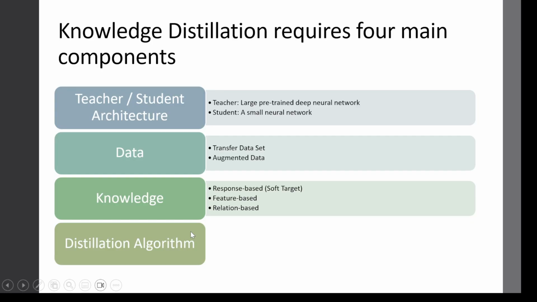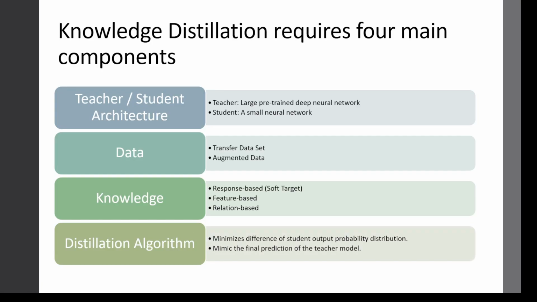And finally, we have a distillation algorithm. And the algorithm essentially compares a difference between the output distributions created by both the teacher and the student in response to processing the transfer data set. The job of the distillation algorithm is to minimize the difference of the student predictions compared to the teacher's predictions for the same data.